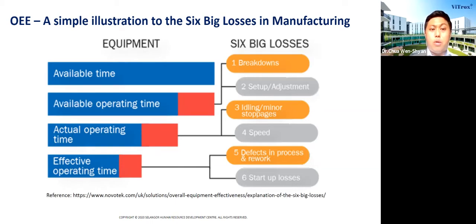You can look at breakdowns, setup and adjustment times, idling and minor stoppages, speed of production, defects and rework. Rework is also considered a waste, right? And your startup losses. These 6 big losses already could tell you a lot of information about your system. And once you identify them, you're able to minimize wastage from here and hence optimize your overall cost.